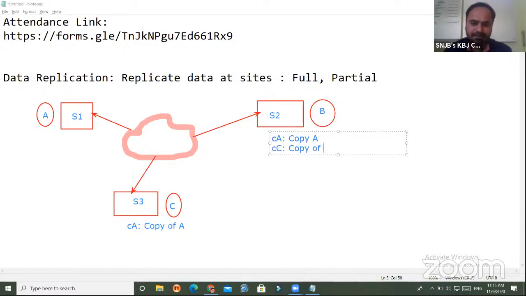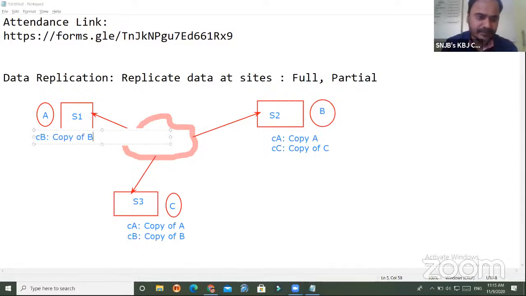A copy of B will also be available here. And here, a copy of B as well as a copy of C will also be available.